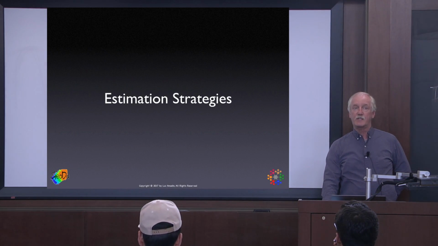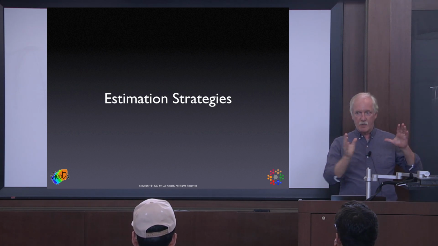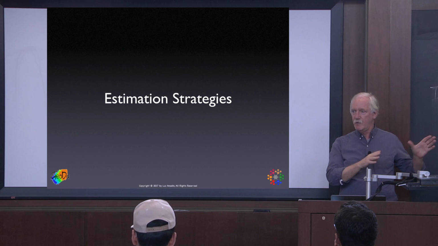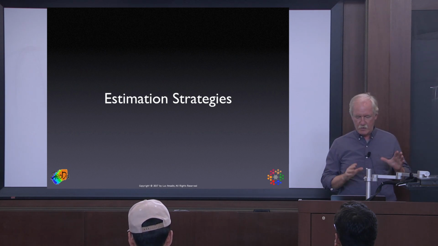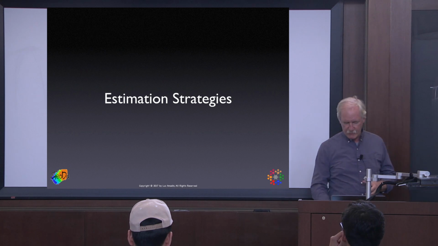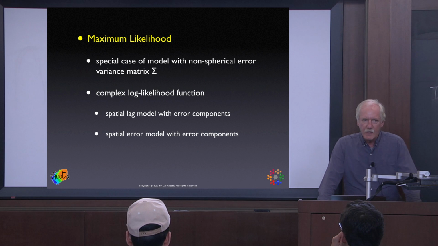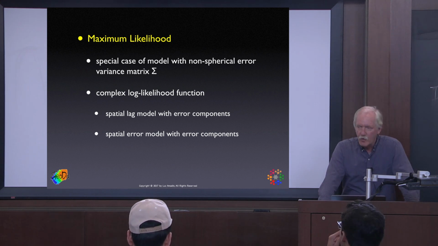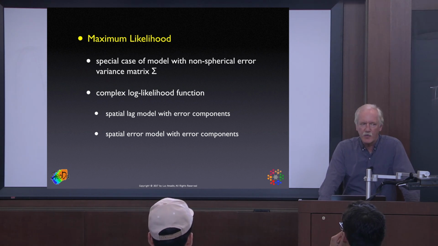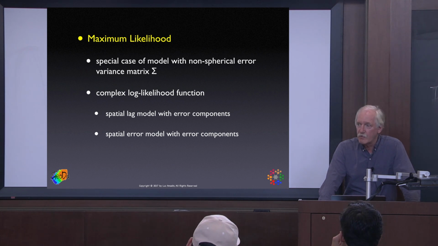Okay, how do we estimate these models? So we have the fixed effect ones, which I'm not going to talk about anymore. You demean, and then it's up to you. The random effects ones, we have three ways of going about it, basically. So the maximum likelihood estimation, if you looked at this very carefully, this is nothing but a special case of a non-spherical error variance matrix.